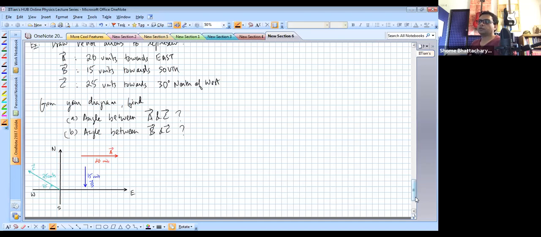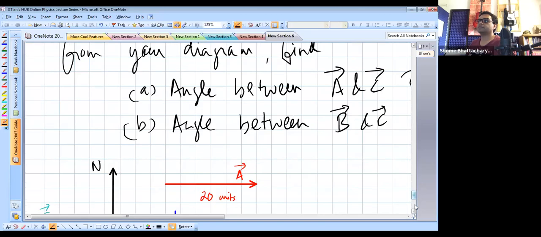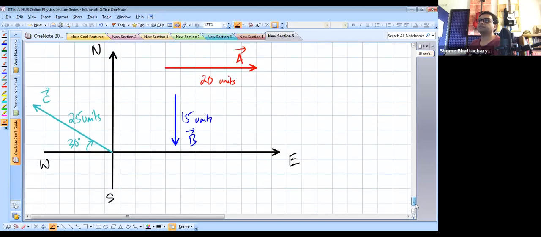Okay. So now let us talk about the second part where we are calculating the angles. Now to calculate the angles, I'll redraw this diagram, or in this diagram only I'll reposition my vector so that it's easy to compare them.